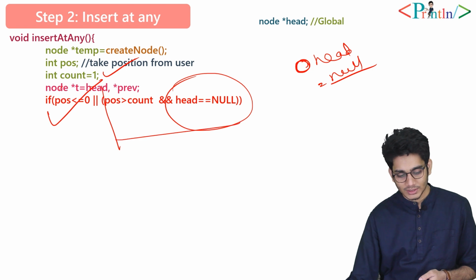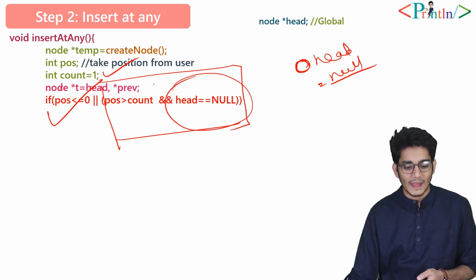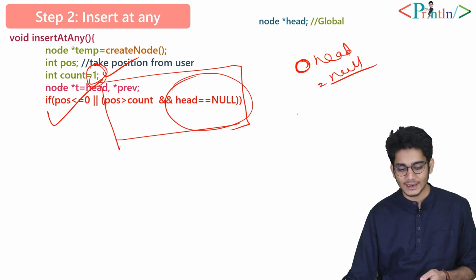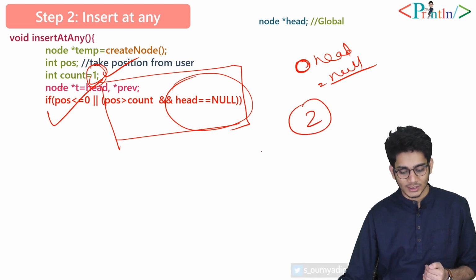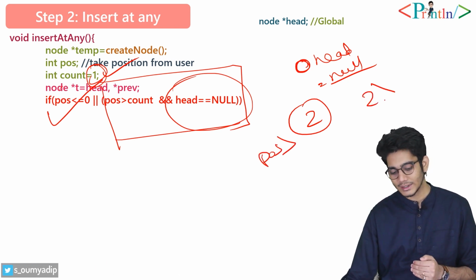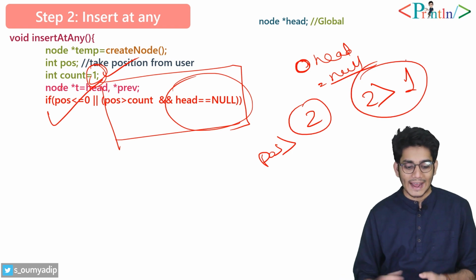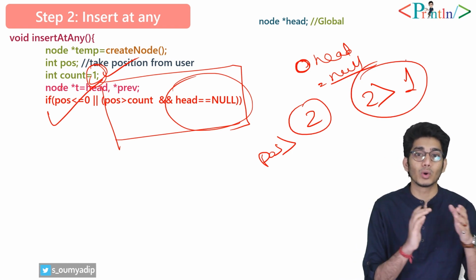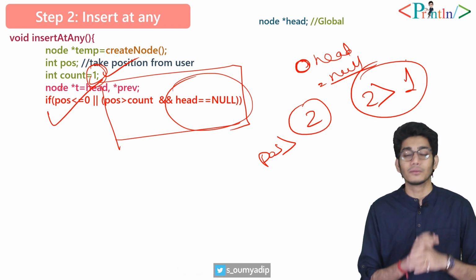Now we are talking about this portion. Count is 1, right? Now we'll check that. Let's say I have given 2. User is giving this position. Now 2 is greater than 1. So can we insert any element at the second position? If we don't have any value within a list, we cannot.